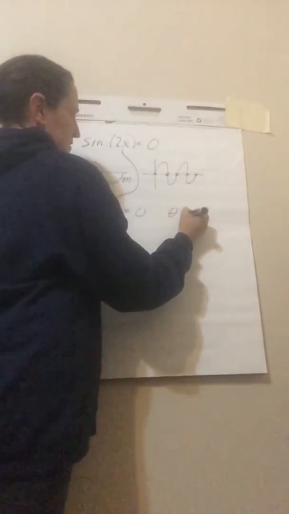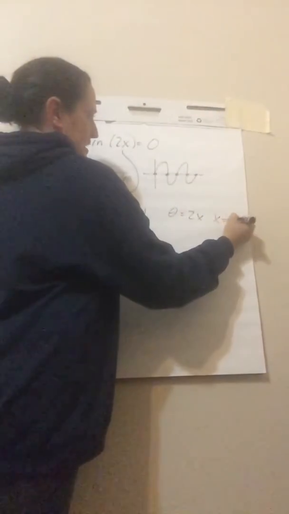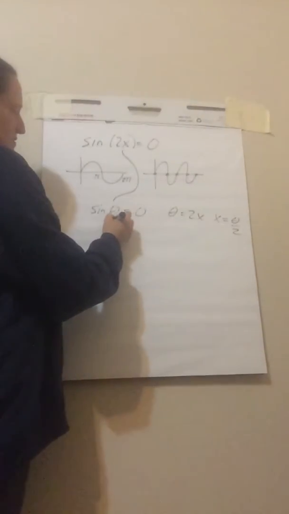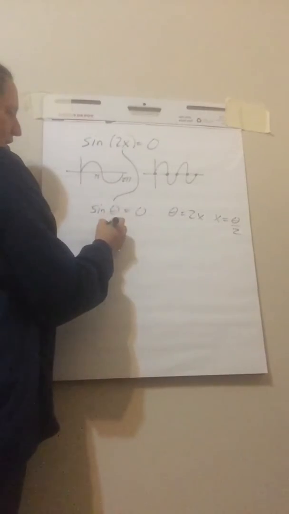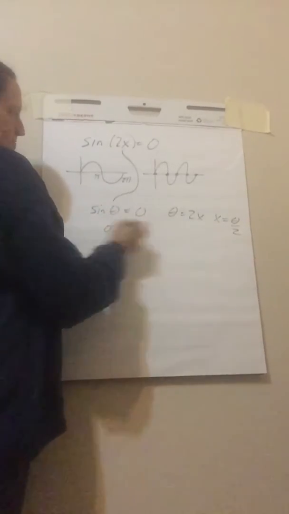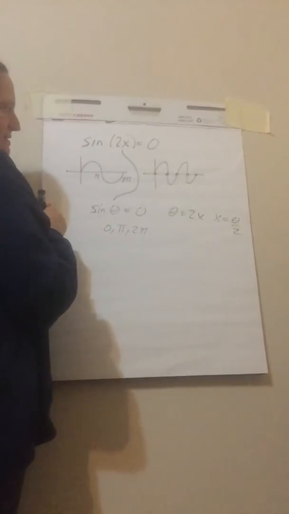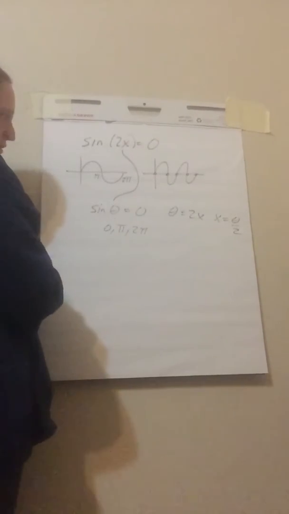I'm letting theta equal 2x, or x equals theta over 2. For this problem, obviously the solutions here are 0, pi, 2 pi. But on this one, I'm going to have to look further.